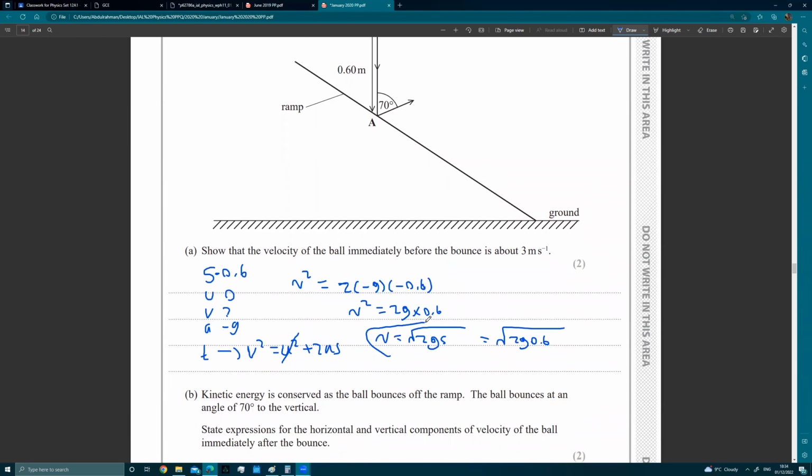The reason I put it in this form here is because I want you to tell me, where have you seen this equation before? I'll give you a clue.